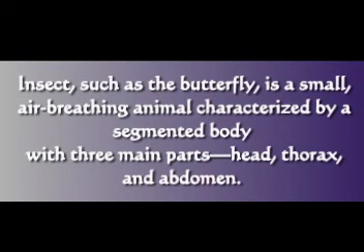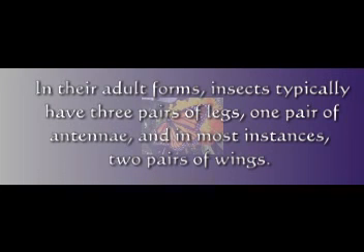Insect such as the butterfly is a small, air-breathing animal characterized by a segmented body with three main parts: head, thorax, and abdomen. In their adult forms, insects typically have 3 pairs of legs, 1 pair of antennae, and in most instances, 2 pairs of wings.